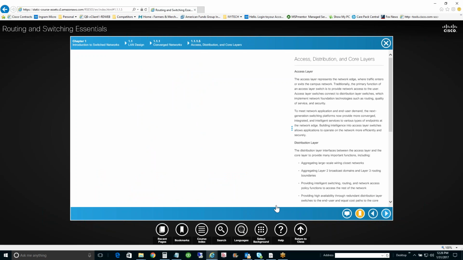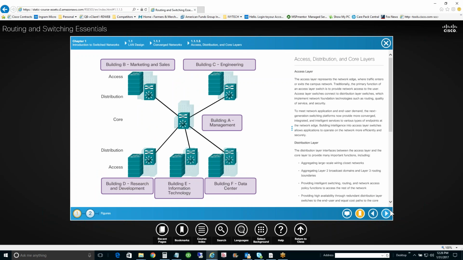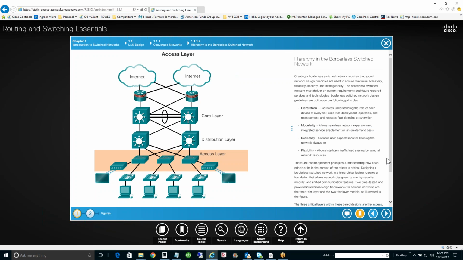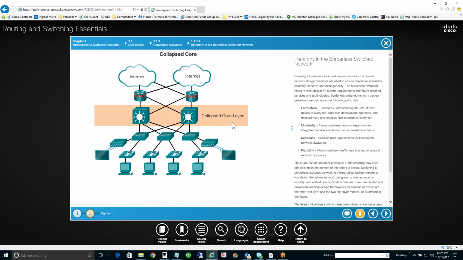Now in a smaller network, you'll not find a distinguishable distribution and core layer. We refer to that as a collapsed core, and that is where the switches at the core provide both the aggregation of access switches and the high-speed transport of the core layer.